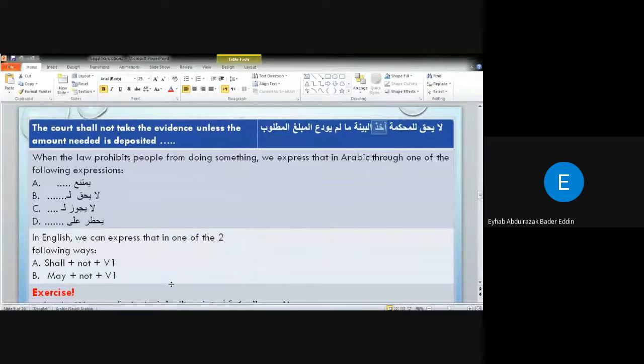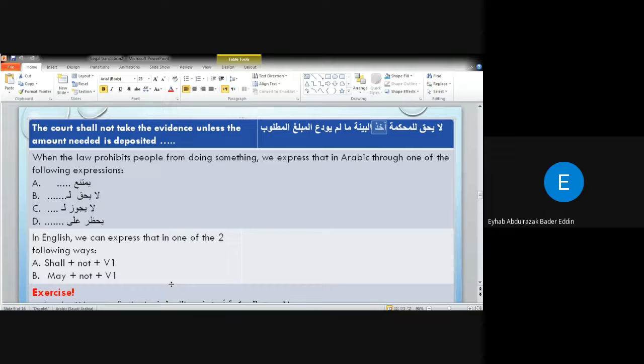So as you see here, it's important to keep in mind that we have shall in the sentence, and then you have to consider whether this shall is followed by a verb, and thus is in the affirmative mode, or in the negative if followed by not.